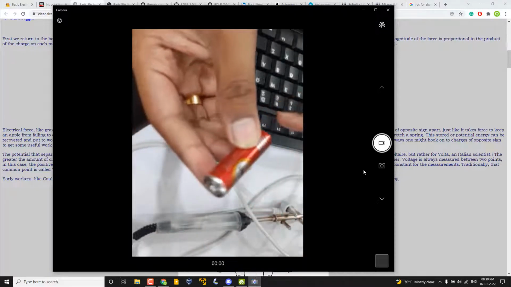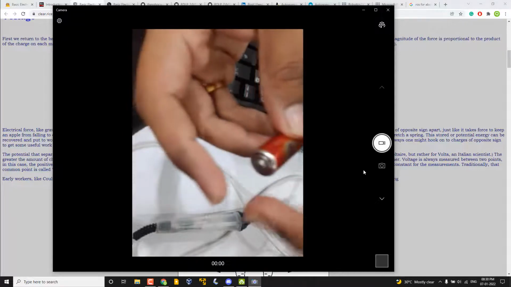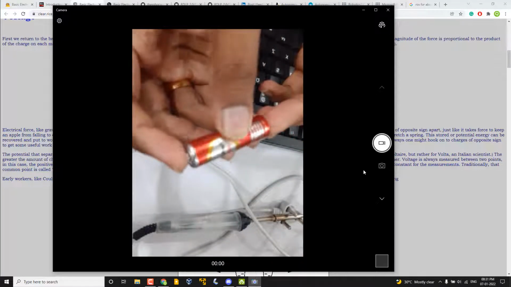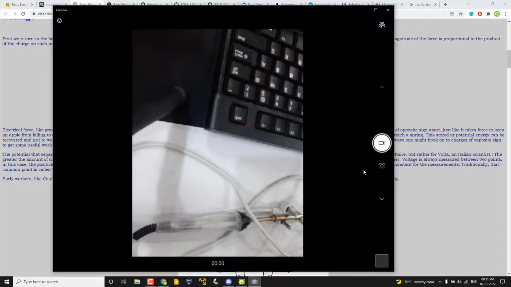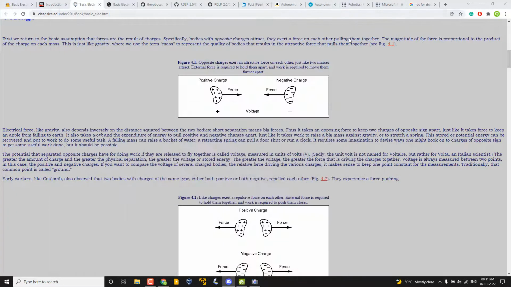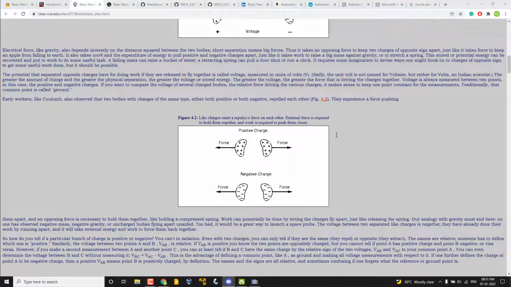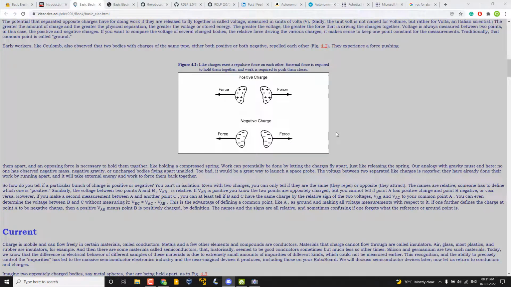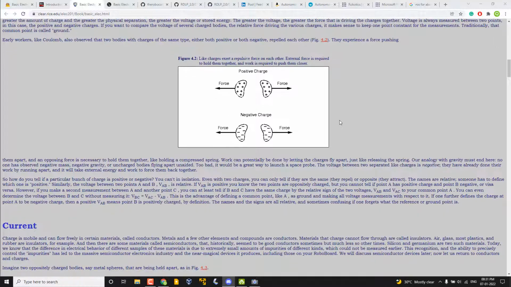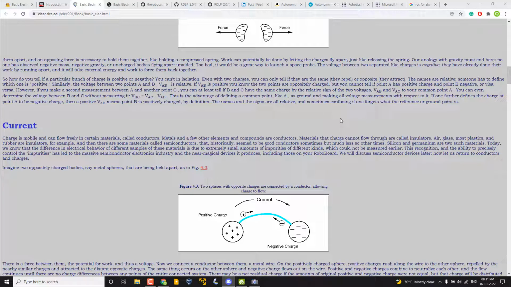Using the force between the positive and negative, we can do a lot of stuff, because it's a force exerted by the charges. That force we can use for many purposes. That is actually the thing called voltage. And the current is actually the flow of the charges.